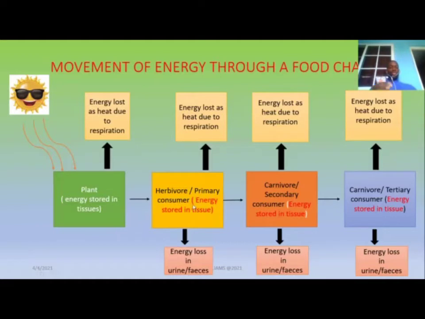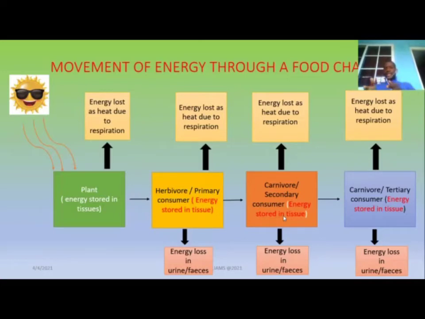So the primary consumer stored less compared to the plant, but now the secondary consumer is even storing less compared to the primary consumer. So we are developing the trend that there's less and less energy being stored in the animal tissues as we move up the trophic level. Please write that down.